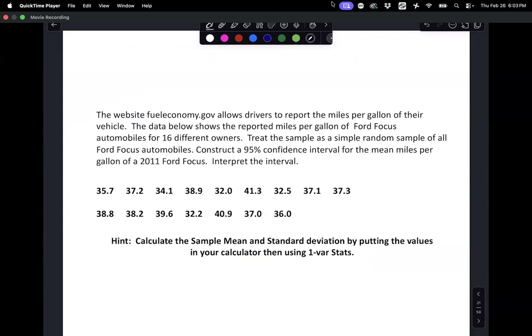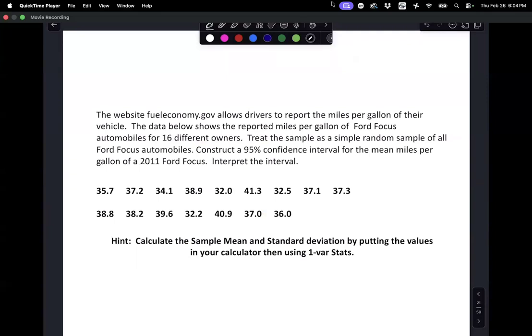Now if you have data values and they don't give you your mean and standard deviation, you're going to need to put this in your list and use one variable statistics, or one var stats. Now, we're going to do our confidence interval here by hand.